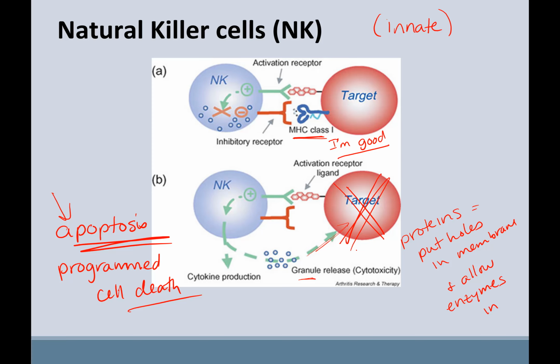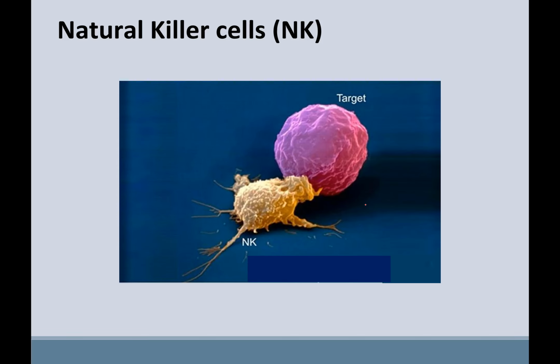So those are natural killer cells. Again, it's not specific. This guy doesn't know what the target cell is infected with. It just knows it's not saying, I'm good. Here's an image of a natural killer cell and a target cell interacting, and I just think it's a really cool picture, so I shared that with you.